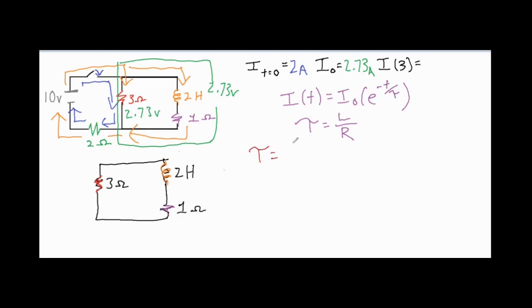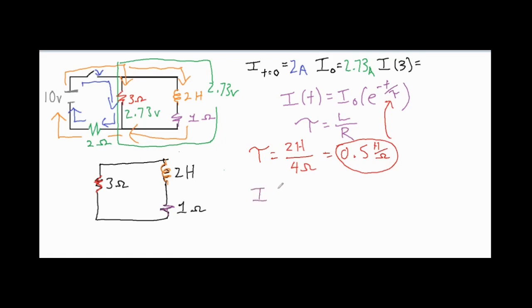We're going to find it by taking the inductance of 2 divided by the resistance of 4, and it's 4 because of the 3 and 1 ohm resistors in series. That's going to give us 0.5. Now this number is going to be useful to us to slide into this exponent over here, and now we pretty much have everything we need.